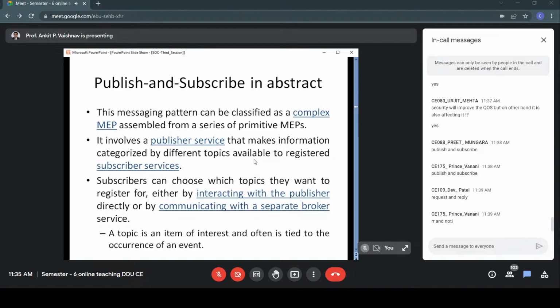Okay. So it involves a publisher service that makes the information categorized by different topics, and you can only get the update if you are a subscriber, if you have registered. That kind of framework we have. Subscribers can choose which topics they want to register for, either by interacting with the publisher directly, that's what we have seen in the publisher subscriber model, or you can also have a broker service in between.